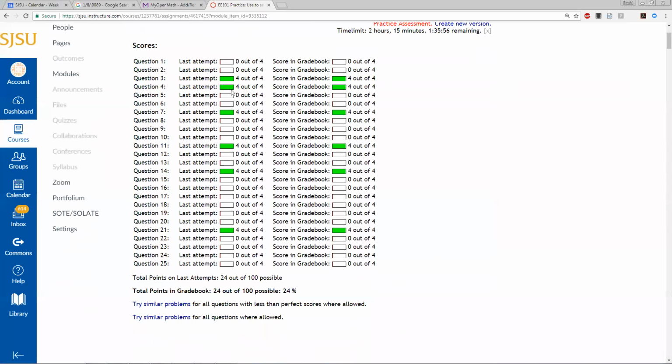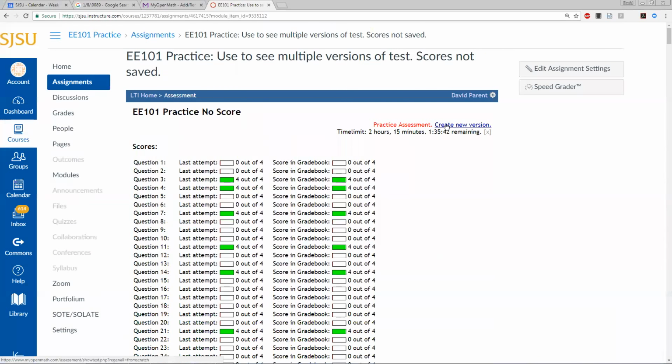You can cut and paste so that you can see, and that's just random, right? And it looks like try similar problems for all questions with less than perfect, or you can now create a new version, right? And go through there.